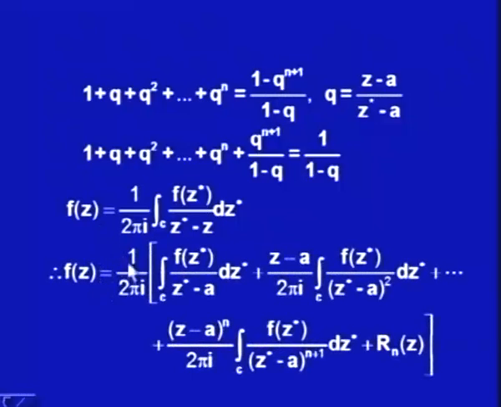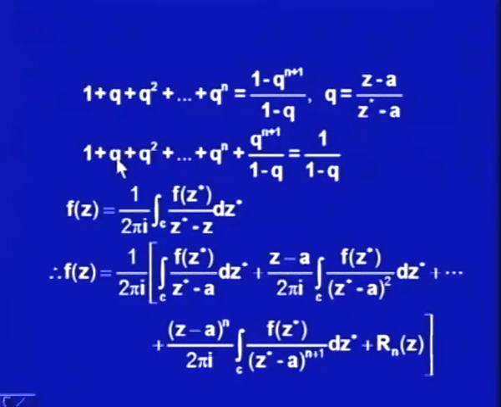Now, with this simplification, we come back to the integral 1 upon 2 pi i integral f(z*) over z* minus z dz*, representing f(z), and we write it as 1 upon 2 pi i times the integral of f(z*) over (z* minus a) dz*. This term corresponds to this: plus (z minus a) into 1 upon 2 pi i integral of f(z*) over (z* minus a) whole squared dz*.